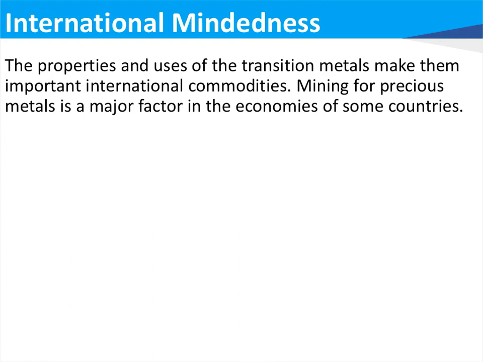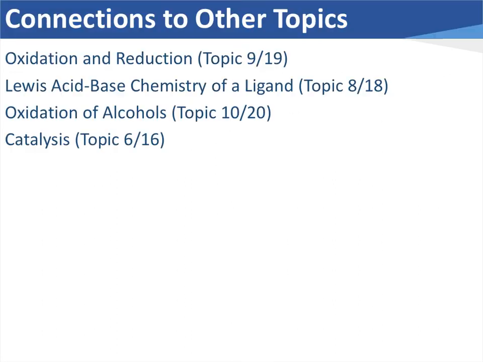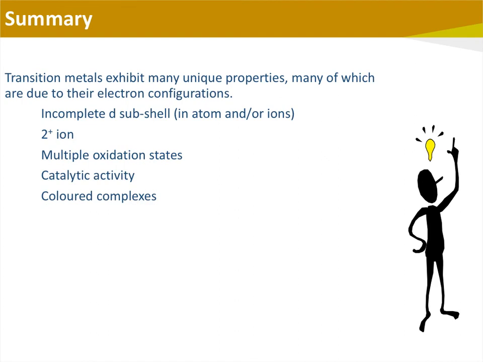International mindedness: transition metals are hugely important in many places around the world. Connections to other topics, lots of connections, including coordinate bonds from topic 4. In terms of a summary, transition metals exhibit many unique properties, many of which are due to their electron configurations.